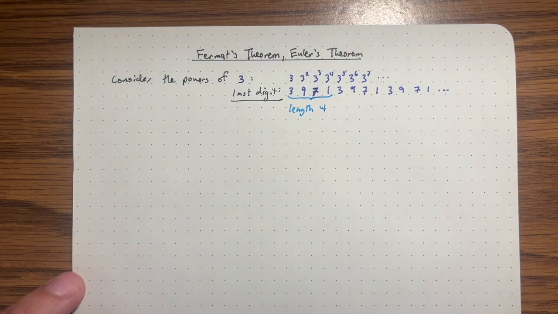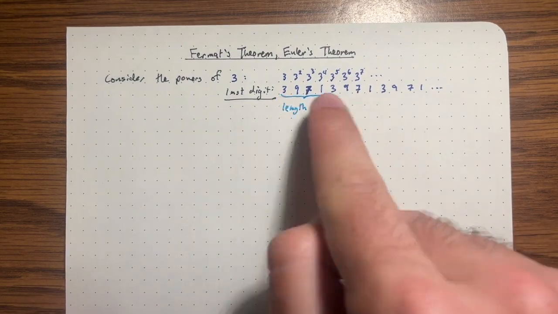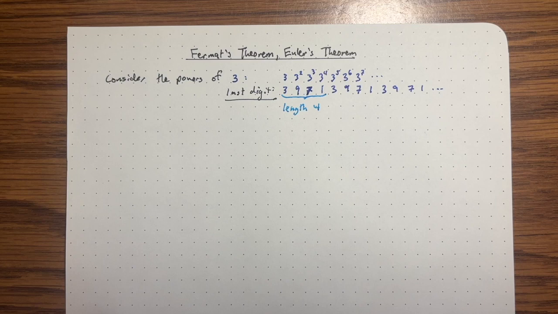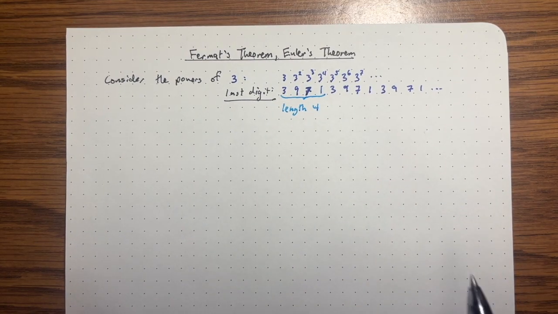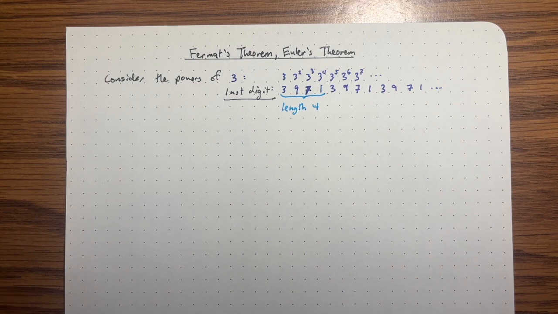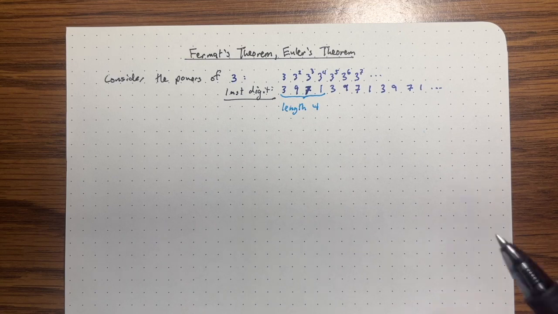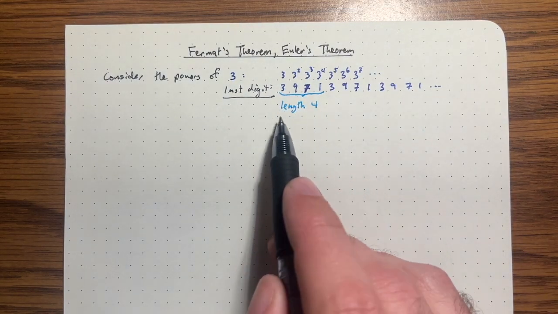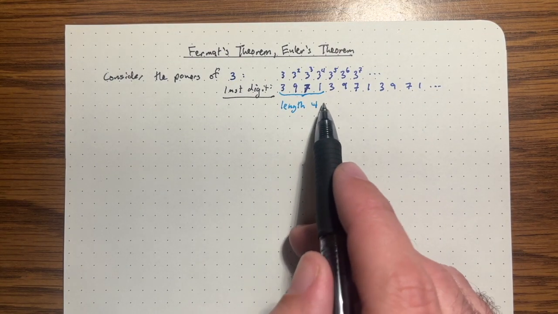You might have discovered things like this pretty early in your math education. Maybe the first time you learned about exponents, you saw that the last digits start to repeat like this. But this leaves us with many questions. In particular, why do they repeat, and why is the number 4 coming up here?